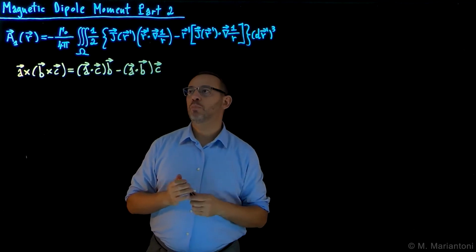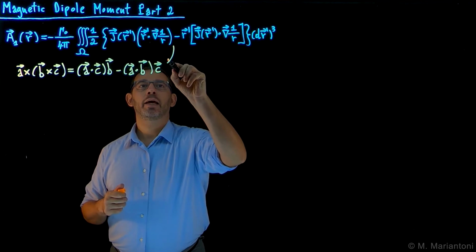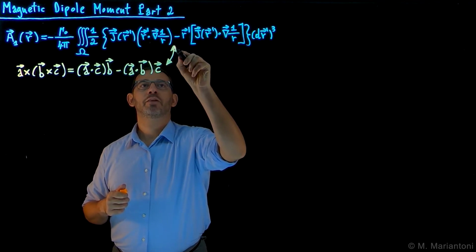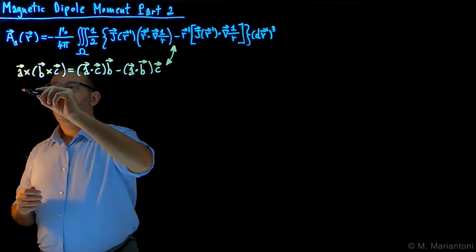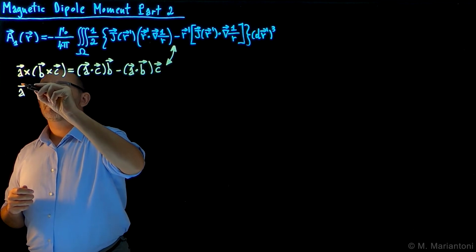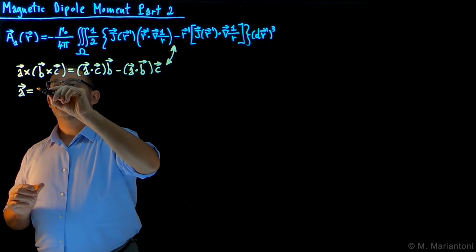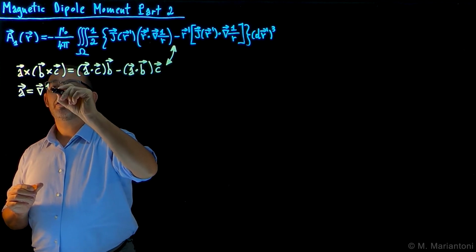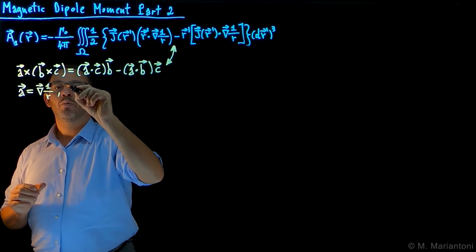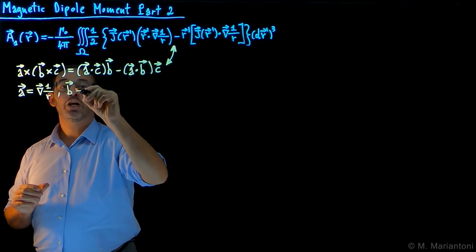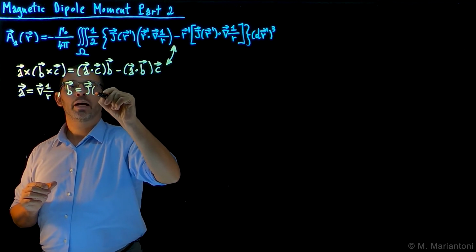The mapping we need to do between this expression and this vector relation is as follows. If you observe closely this expression up here, we call A the gradient of 1/R. We call B the J vector at R prime.